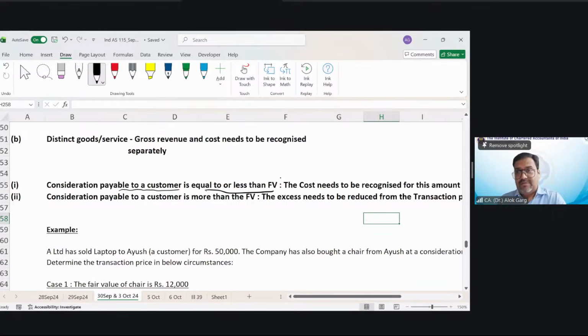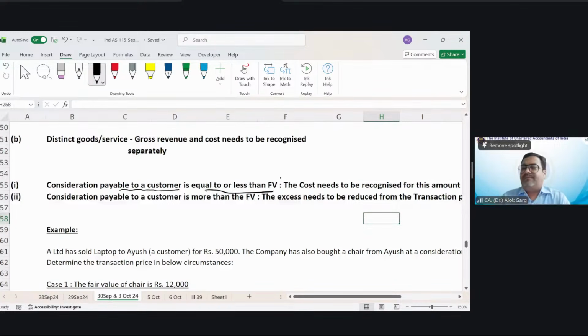So I paid 1,000 rupees. Second example, I paid 1,000 rupees to Rahul and Rahul told, sir, you are my teacher, so my father has given you some discount. Don't pay me 1,000 rupees, pay me 950 rupees. I paid 950 rupees, which is less than the fair value of the goods and services. So here I am paying either equal to or less than the fair value. So in this case, my dear friends, it will be considered as cost, right? And cost needs to be recognized.